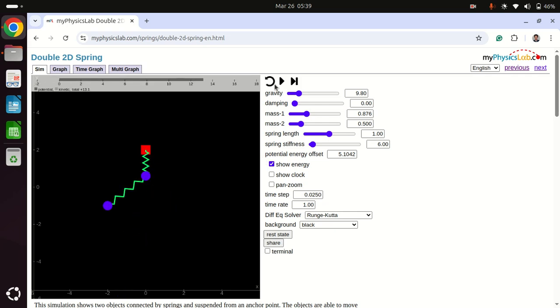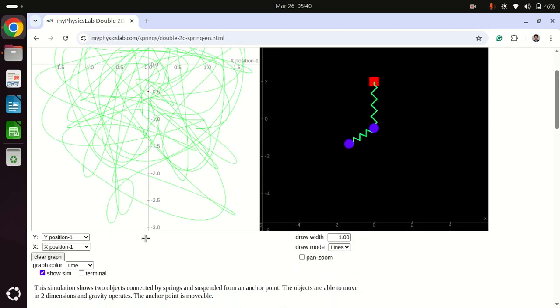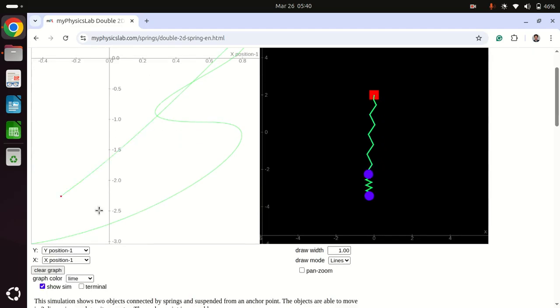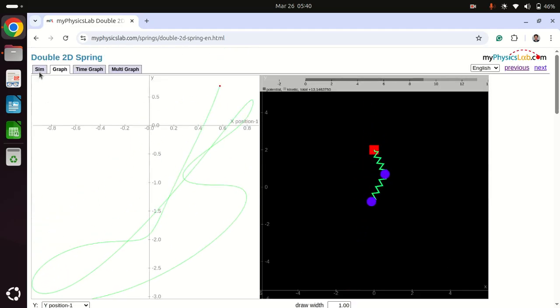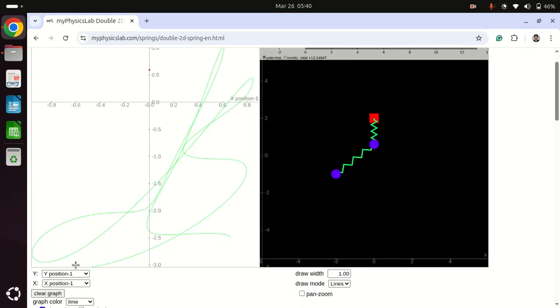If I reset this and run, you can see the graph. I'm not able to reset this graph. Okay, yeah, here is a clear graph option. Yes. So, okay, let me stop this. Reset this. Clear the graph.